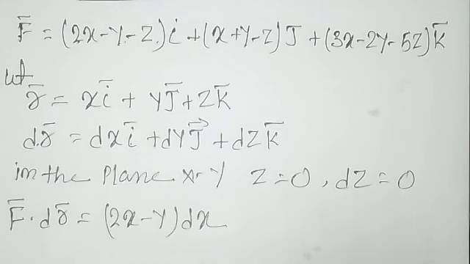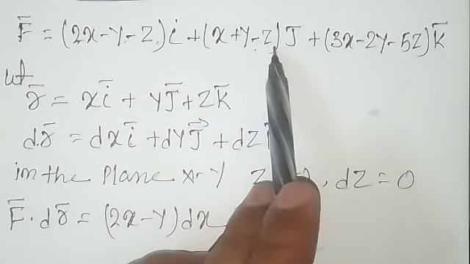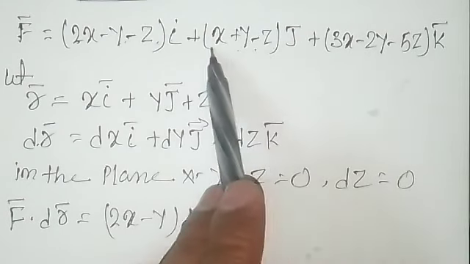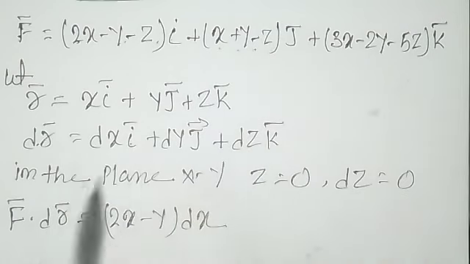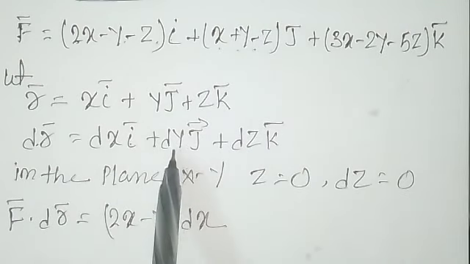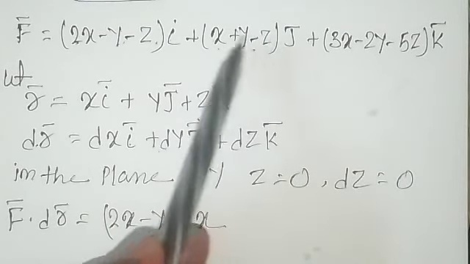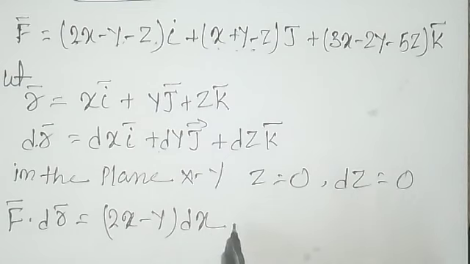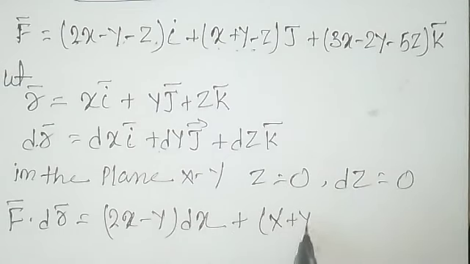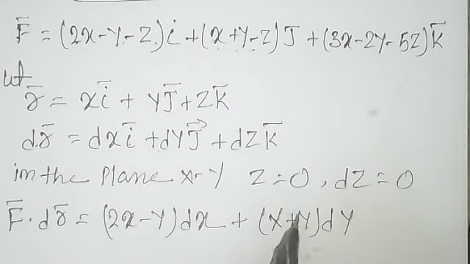Then the j coefficient is x plus y minus z. In the position vector the j coefficient is dy, and j dot j is 1. So this is x plus y, z is 0, so again you write plus (x plus y) into dy.